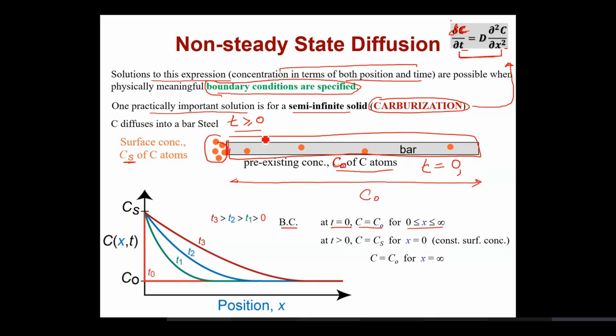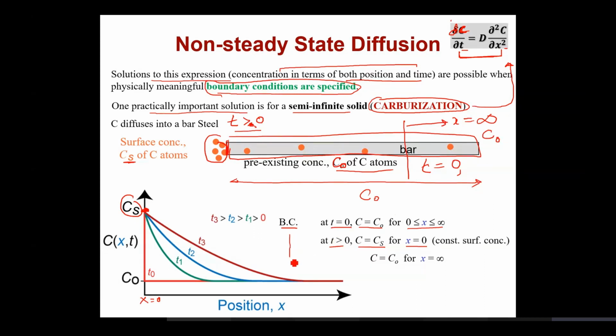At time t greater than 0, C equals CS for x equals 0, that is, the concentration of the surface at x equals 0 is CS. And at a distance at infinity length, at x equals infinity, very far from this surface, the concentration remains C0.